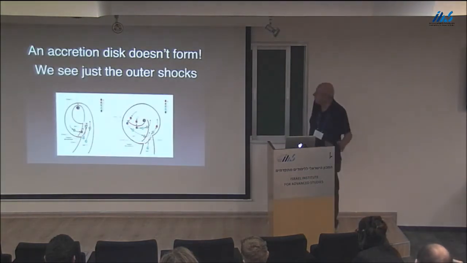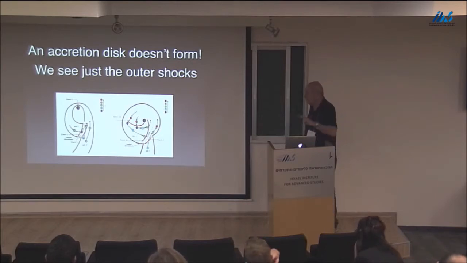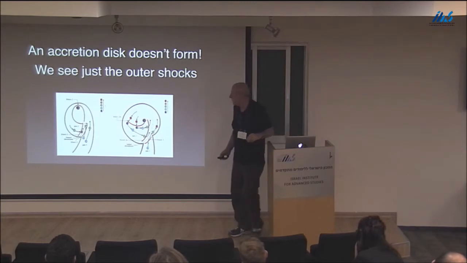So the solution for where we see the radiation is outer shocks, and Gilad will talk about this later, and Rosen also mentioned this.